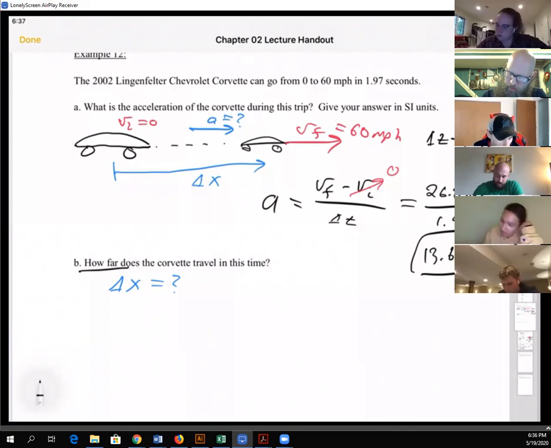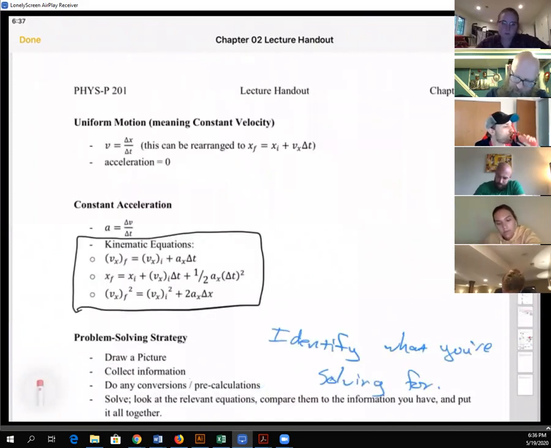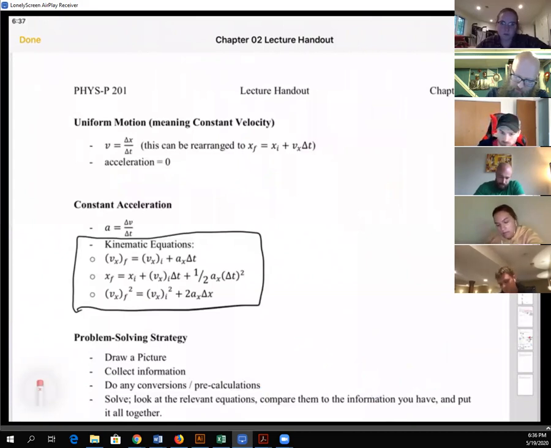So I would look at my kinematic equations, right? They're up here. Let's make some of these go away. There's my kinematic equations. I'm looking for delta x, and I know V initial and V final. I also know the time. So it looks like I could probably use a couple of these.